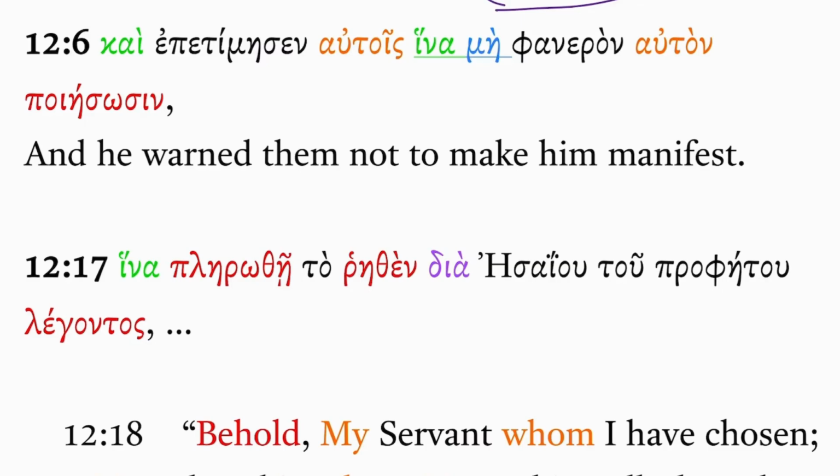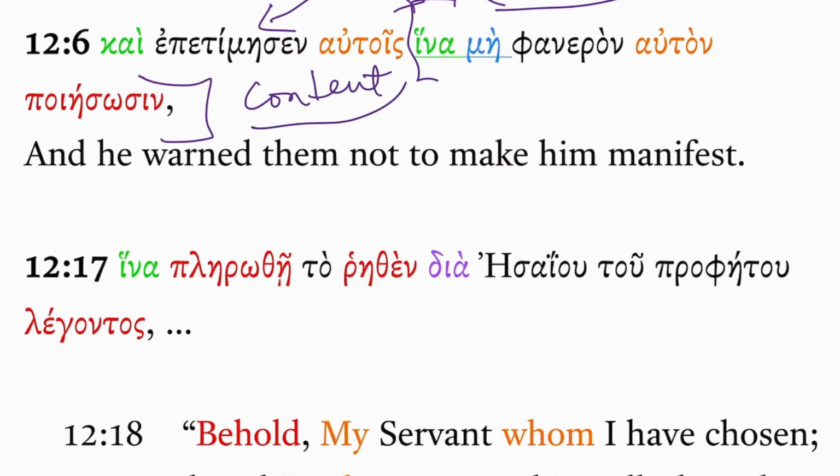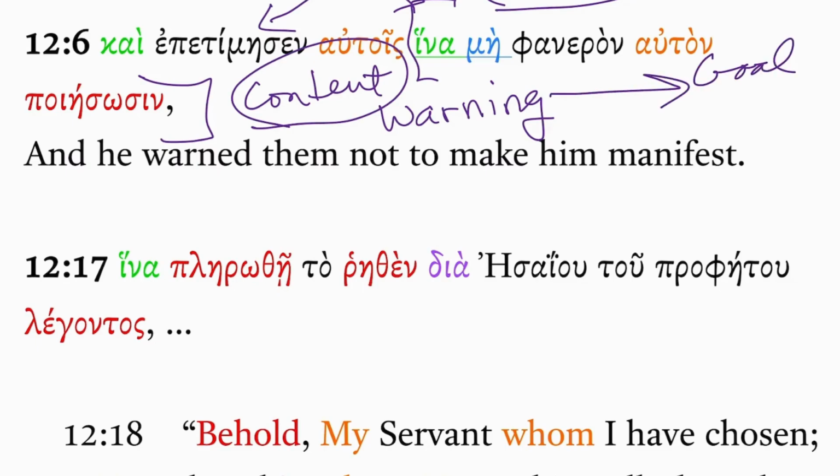This is maybe more likely taken as a content clause, and this is where it's kind of interesting. There are verbs of warning, as we have here, where they're warning with a goal. There's actually a goal, and then that goal is actually the content.